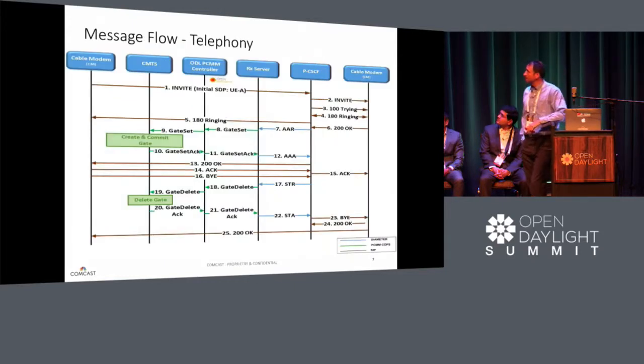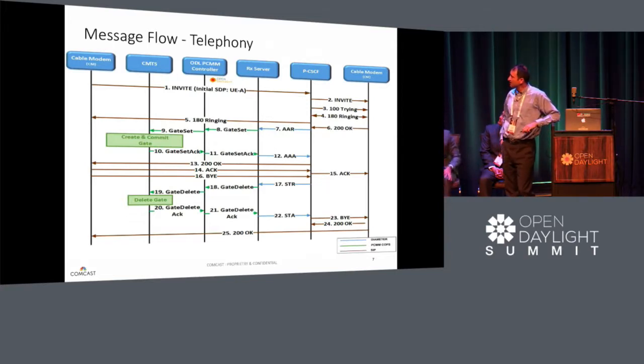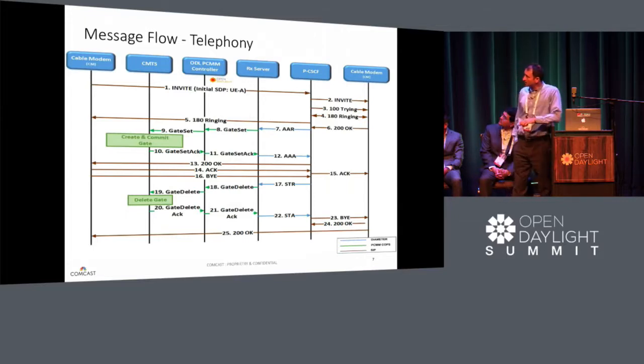In this slide, you can see the actual message flow between various components in our network and the PCMM server that we have created. The important thing is the middle two blue boxes: upon receiving the Diameter authorization and authentication request, we generate and send the gate set request over to the cable modem termination system, CMTS, which creates the service flow for a particular call.